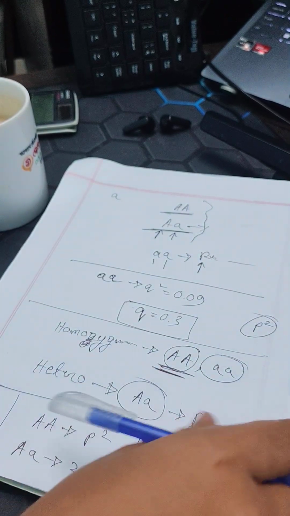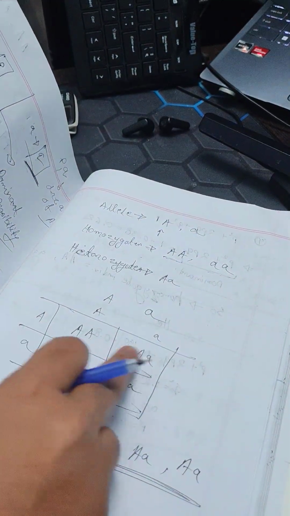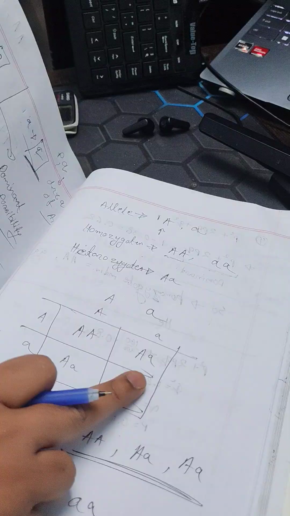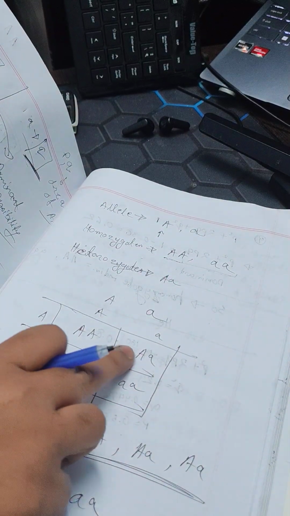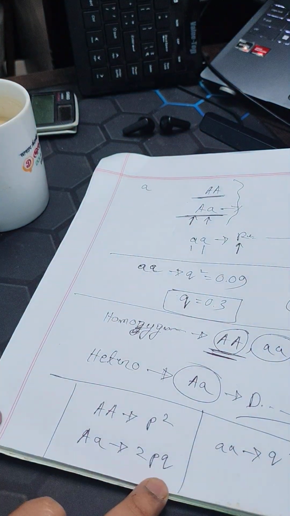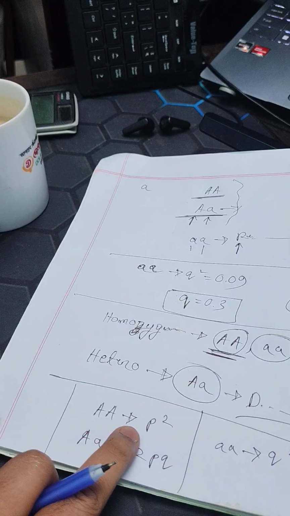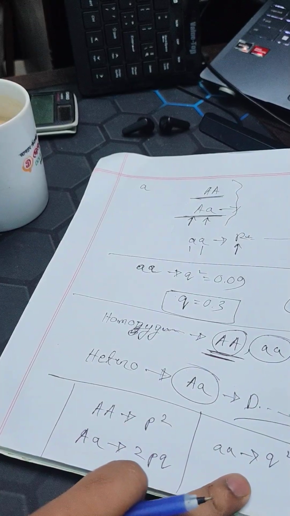You know the thing, right? From the boxes, see there is 2pq. Aa repeats twice, so we say pq plus pq, 2pq is this one, right? And AA is p square, one box for that one. Small aa is q square.